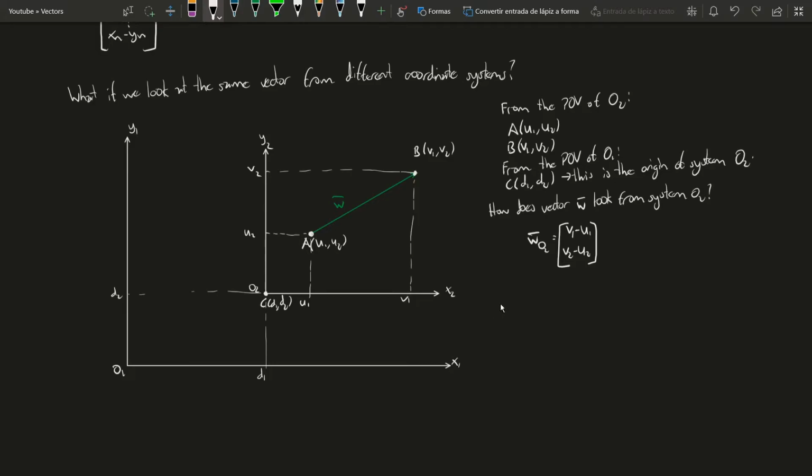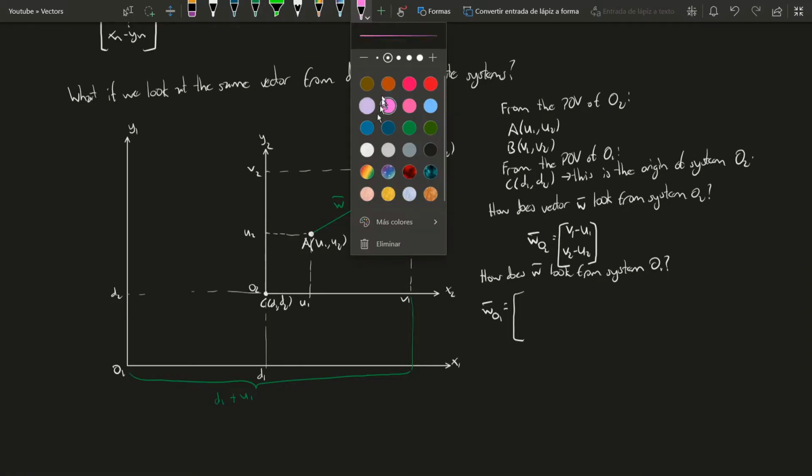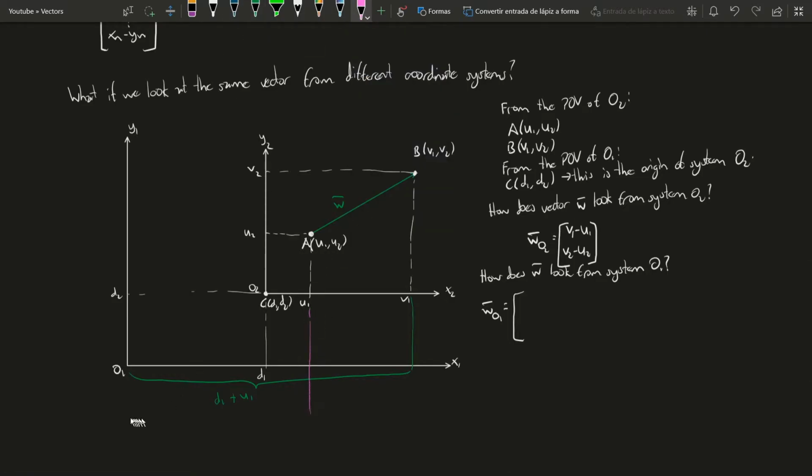No surprises there. But what about from the point of view of system O1? We'll follow the same procedure, but the trick is getting the coordinates of points A and B from system 1. First, focus on axis x. You'll see that from O1 to point B, there's a distance of d1 plus v1, which is the distance from O1 to O2, plus the distance from O2 to B. Similarly, for point A, measure the distance from O1 to O2, plus the distance from O2 to A to get d1 plus u1.